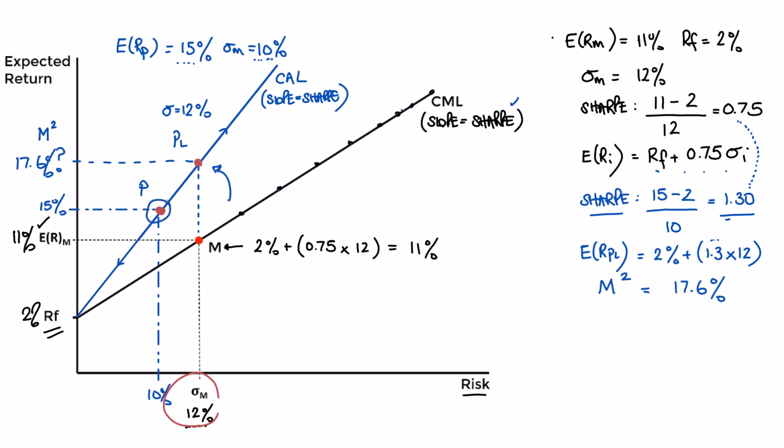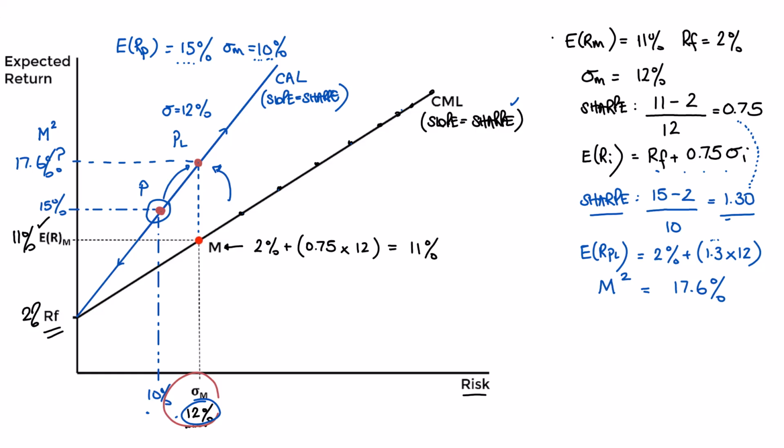What's the point of it? Well, when we were over here, we had a different risk and a different return. So it was difficult to tangibly say how much better than the market it is. But if we lever it so it has the same risk as the market, we can now say two assets, same exact risk. We've got the exact difference between the market return for that level of risk and my portfolio return for that level of risk.